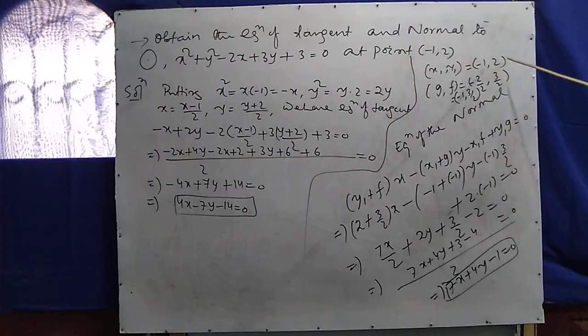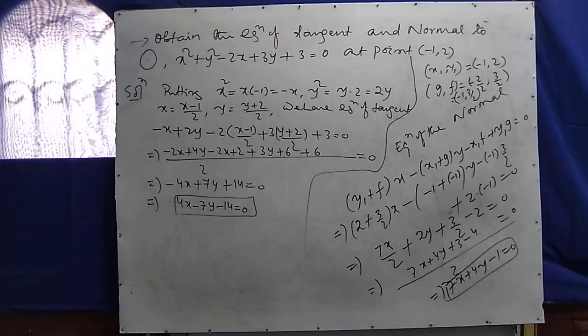You put all these values: y1 is 2 and f is 3 by 2 into x, x1 is minus 1, g is minus 1 into y, minus 1 into 3 by 2 for f, and 2 into minus 1 for g equal to 0. On simplification you will get 7x plus 4y minus 1 equal to 0.